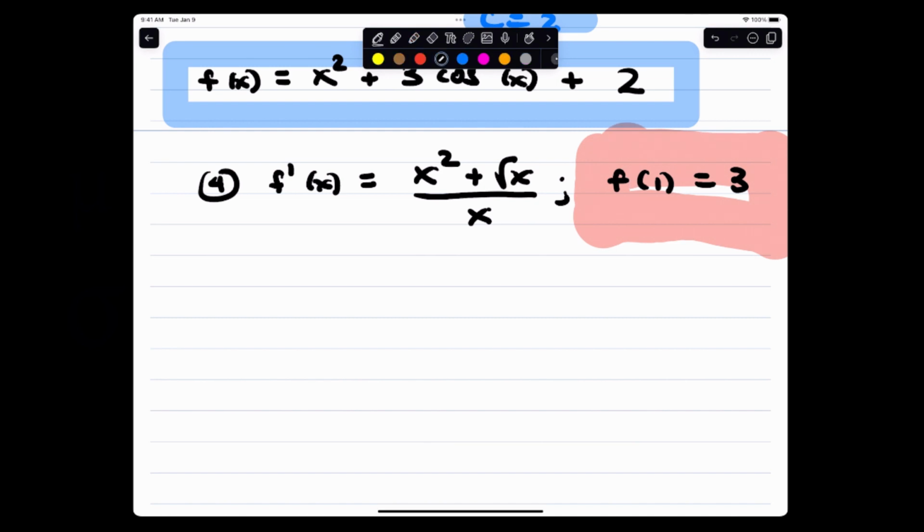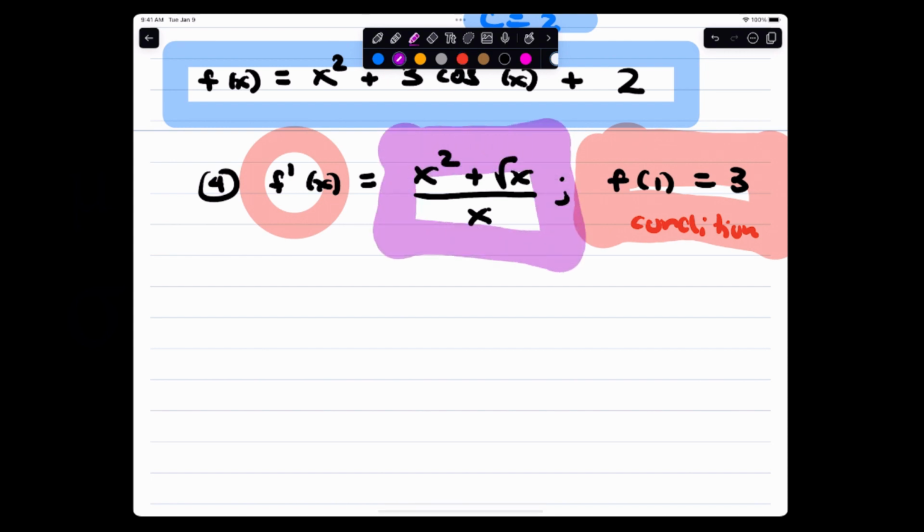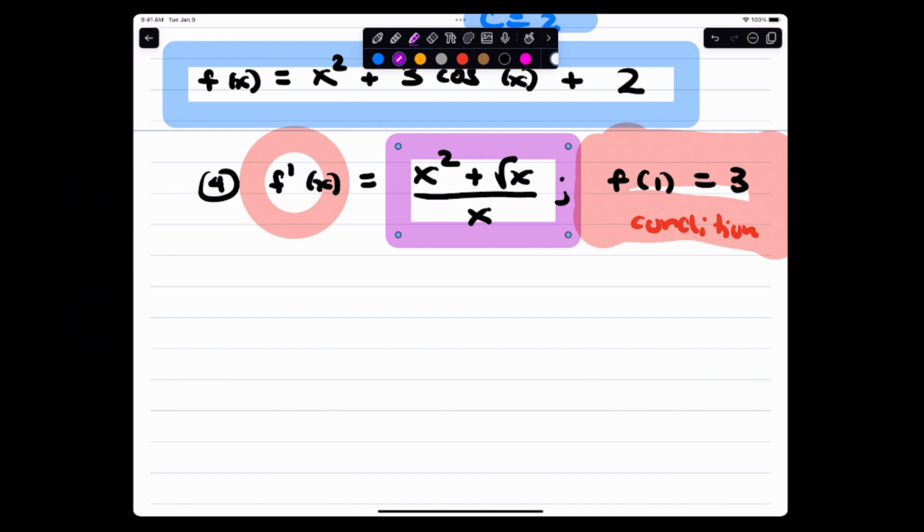So they give you a condition. So they're looking for a particular function now. And again, this is a differential equation here. And then over here, you're going to have to use some algebra.